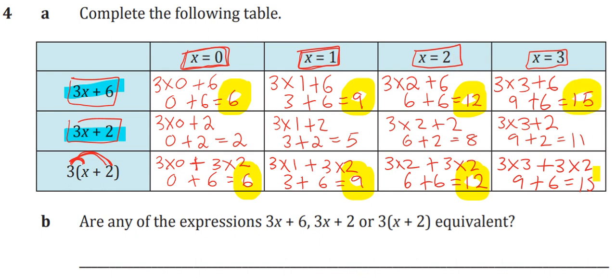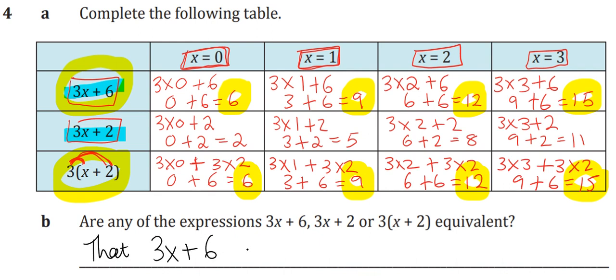In this equation and this equation, when we sub in x is 3, we get the same answer. Therefore, we can say that 3x plus 6 and 3 times x plus 2 are equivalent expressions. So we would write down here that 3x plus 6 and 3 times x plus 2 are equivalent.